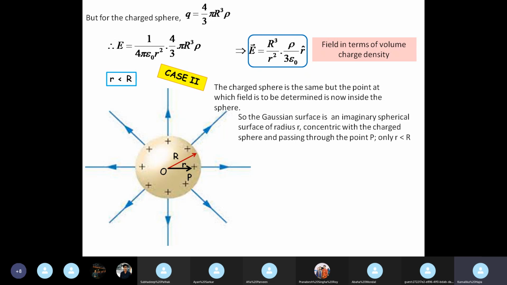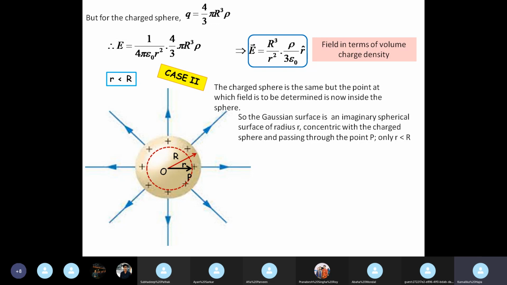The Gaussian surface is an imaginary spherical surface of radius r, still concentric with O and passing through the point P. Everything is the same, only small r is less than capital R. So this is my new Gaussian surface.